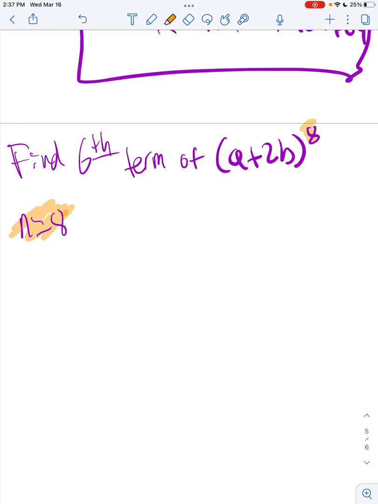And we know that r equals 5. The formula is for the r plus 1 term, and in this case we're trying to find the sixth term. Sixth gives you r plus 1, so that's why we're saying r equals 5.